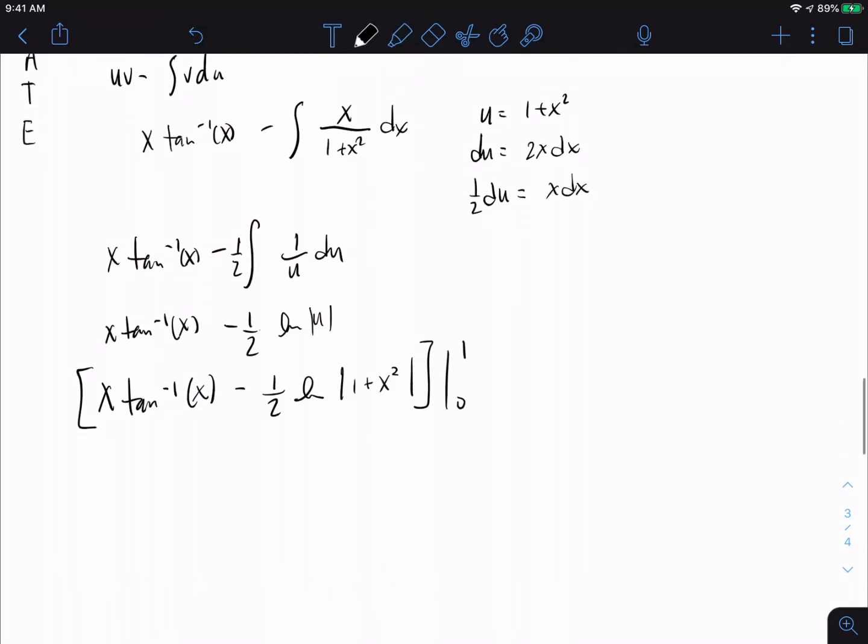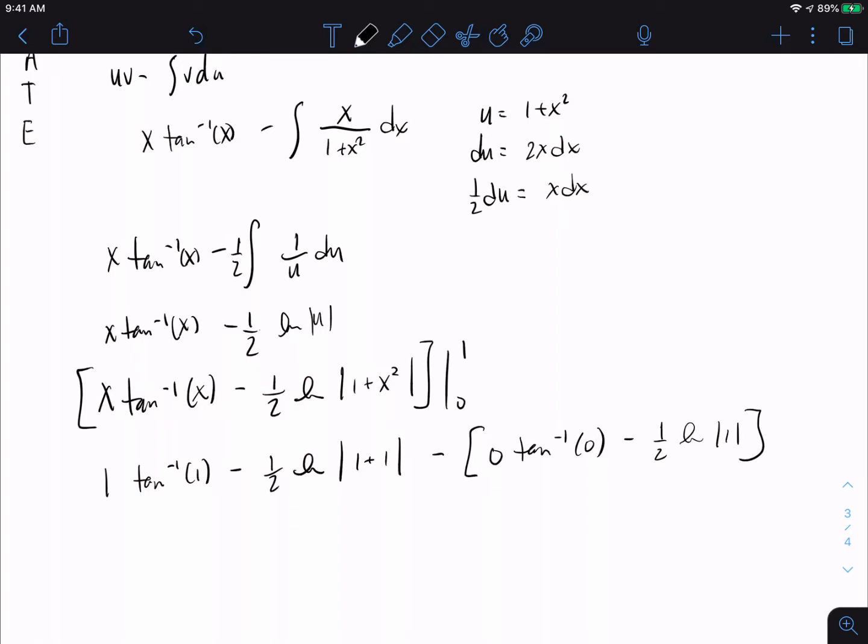So what I'm going to end up getting is 1 times tan inverse of 1 minus 1/2 ln of 1 plus 1, minus 0 times tan inverse of 0 minus 1/2 ln of 1.